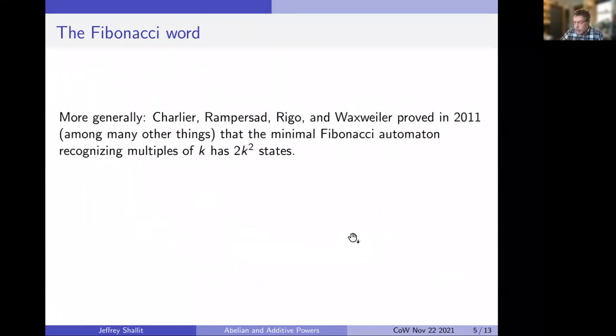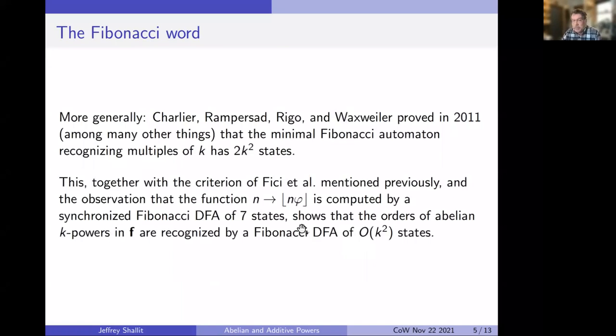Now more generally, there's a nice paper of Charlier, Rampersad, Rigo, and Waxweiler, and in 2011 they proved that the minimal Fibonacci automaton that recognizes, in Fibonacci representation, the multiples of k has 2k squared states. They actually proved a lot more than this, but this is one of the things they proved.